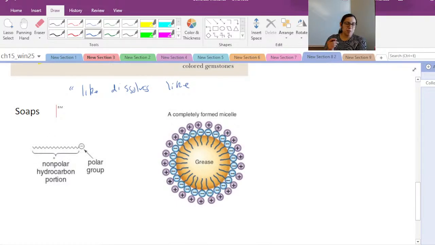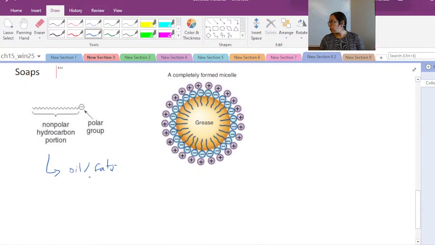Nobody does any soap making on the side? Yeah, and oil, right? So your non-polar hydrocarbon comes from any oils or fats, right? So obviously it could be animal fats or olive oil. And if you want to get into soap making, there's all sorts of calculators that help you get the correct ratios because every fat has different oils.